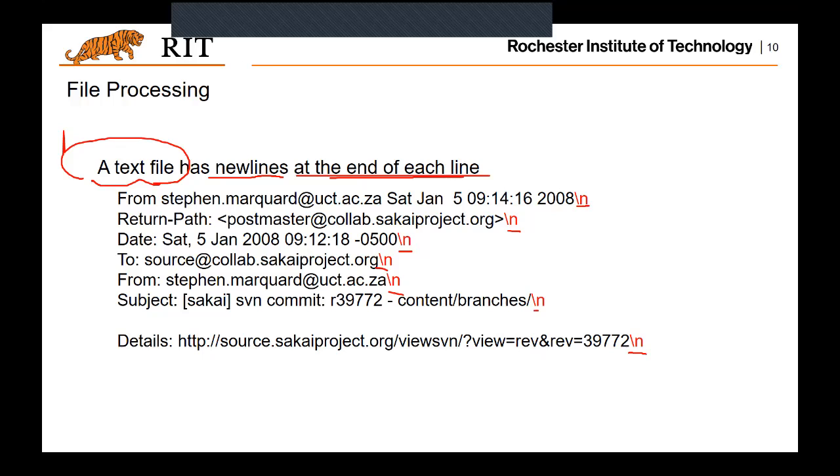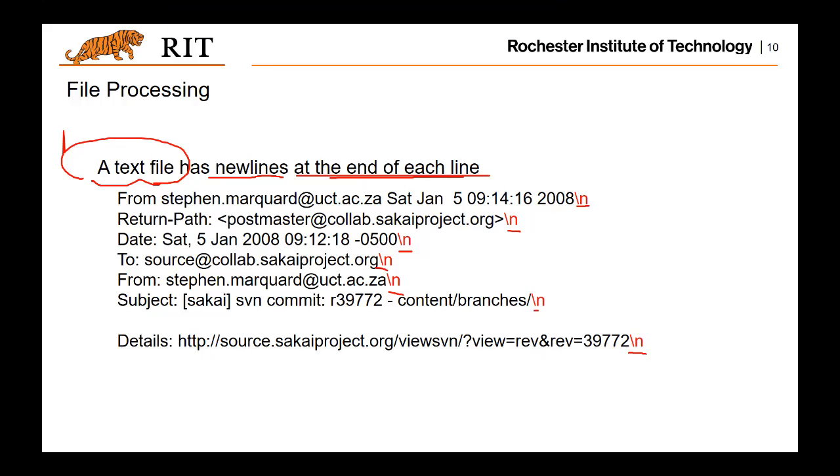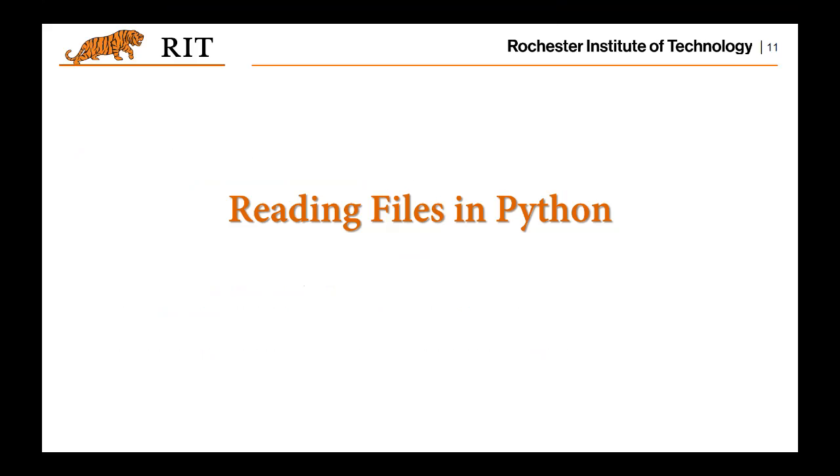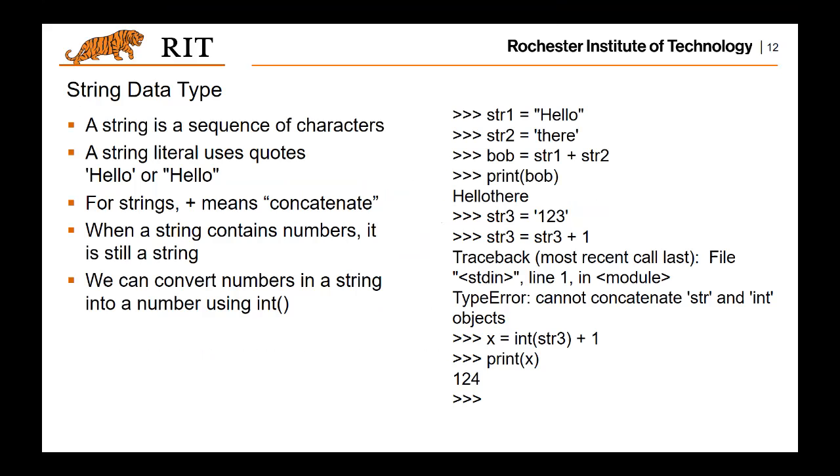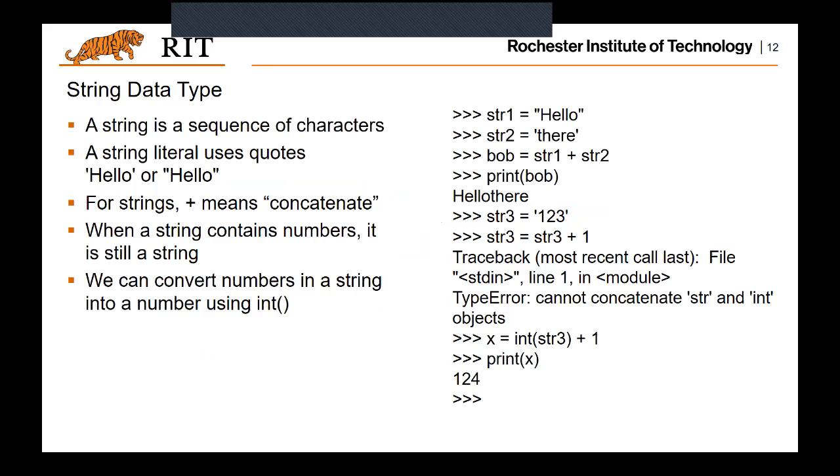So these are the basic knowledge or assumptions we have for a text file. And knowing this, we could start to read the file using the Python provided functions. Basically, as I mentioned previously, a string is a sequence of characters, and you can use either of these two quotes, the single one or the double one.